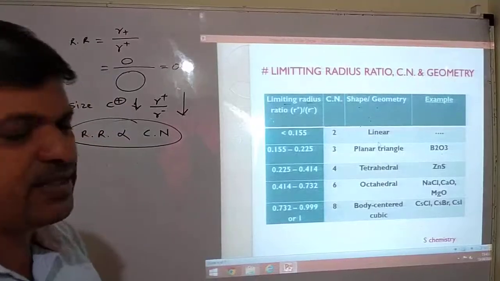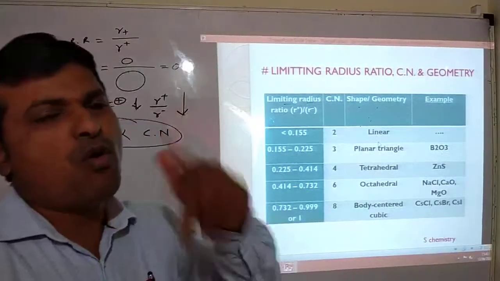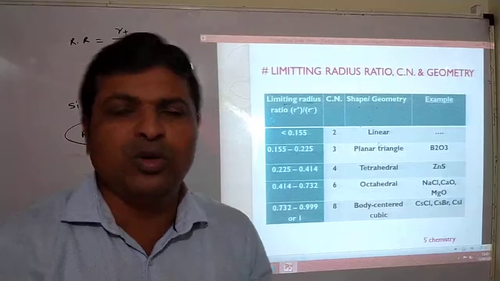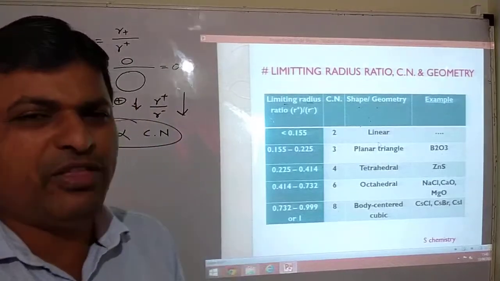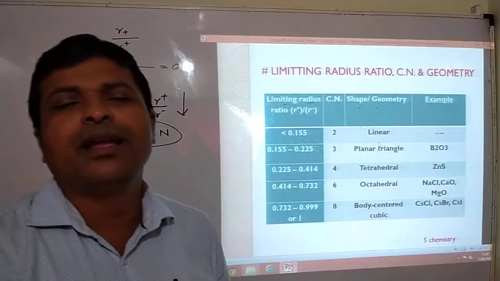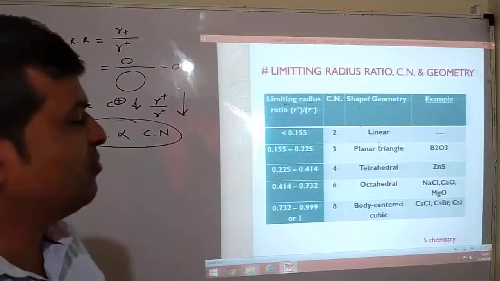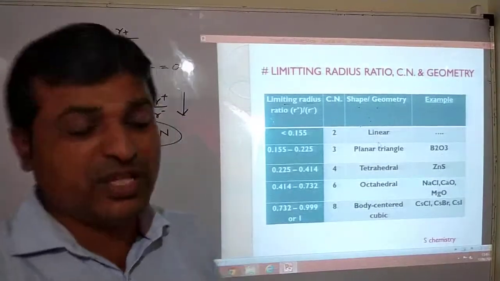If it lies between 0.414 and 0.732, the geometry is octahedral and the coordination number is 6.